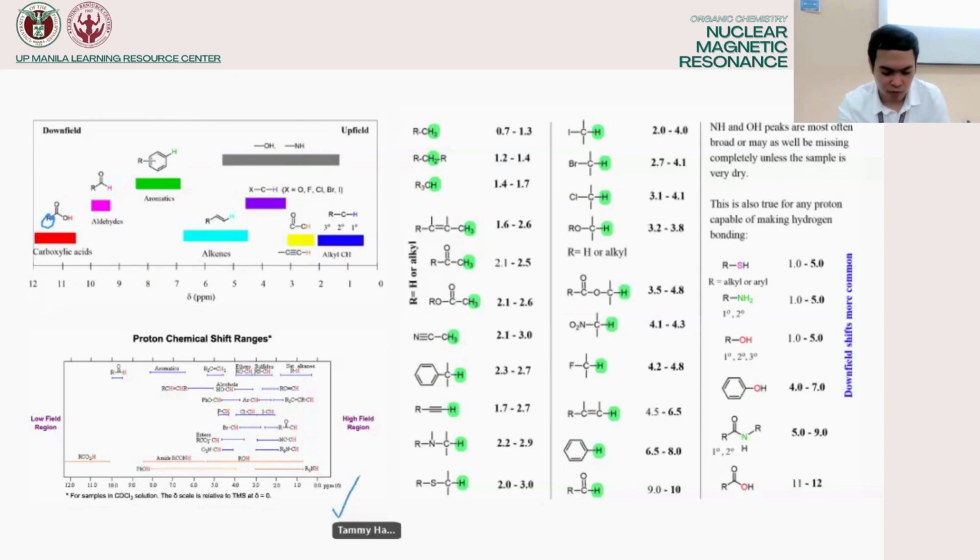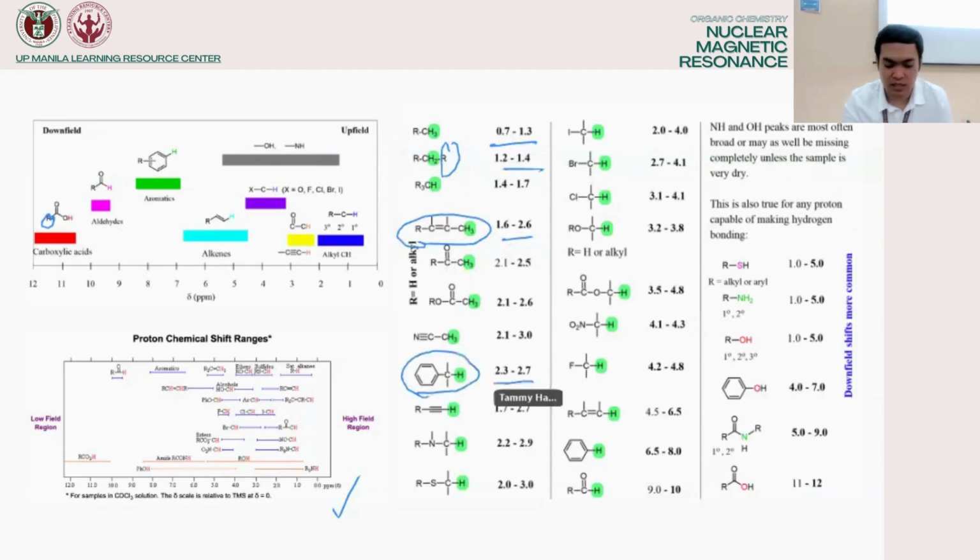Pero ayan. So, for example, 1.7 to 1.3, nagdagdag siya ng additional R group, tumaas. Okay? O, humaba yung chain, tumaas. Nagdagdag ka ng benzene ring, tumaas. Okay? So, that's the trend, no?